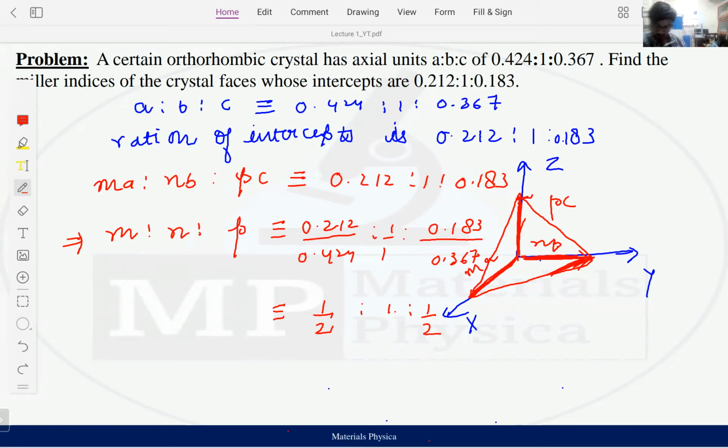So M to N to P is given as 1/2 to 1 to 1/2.